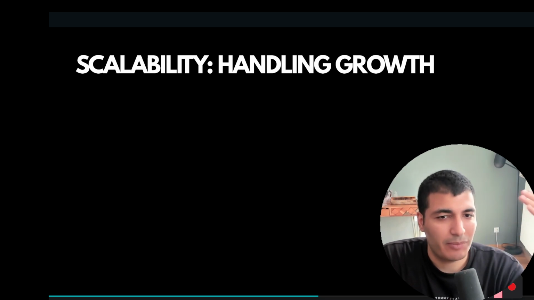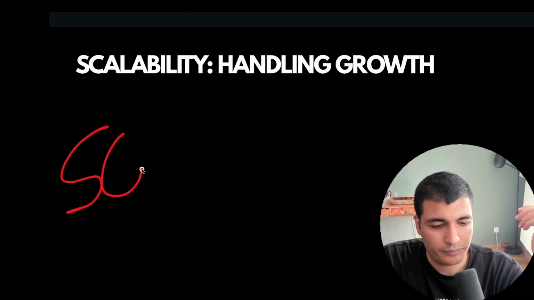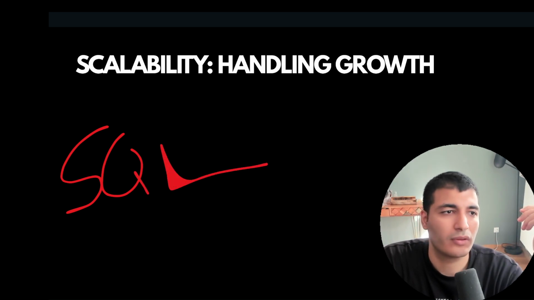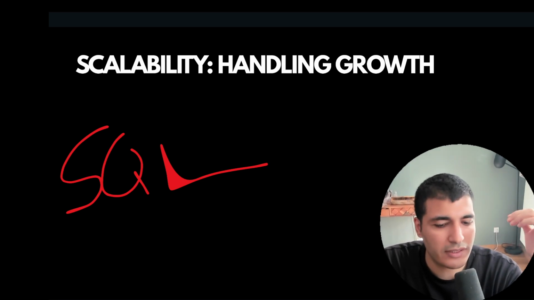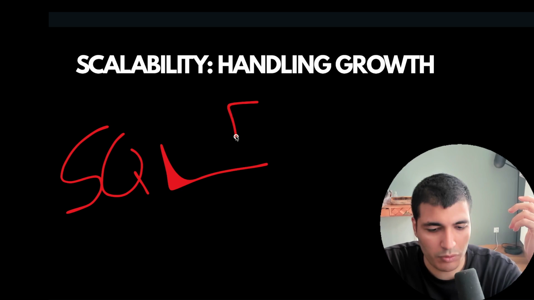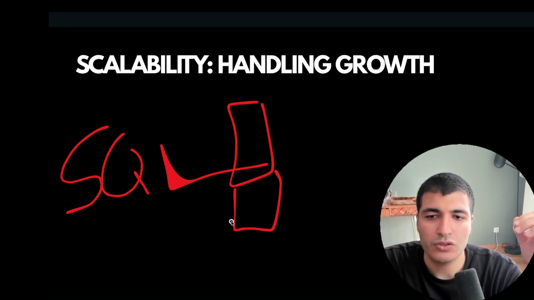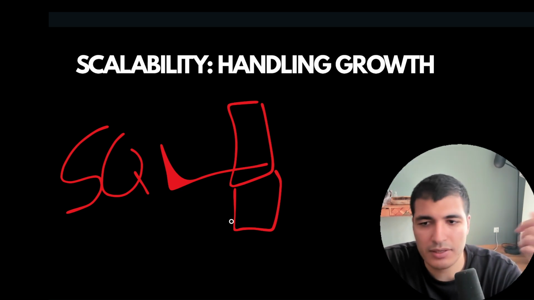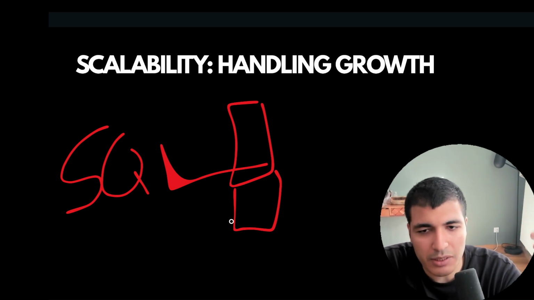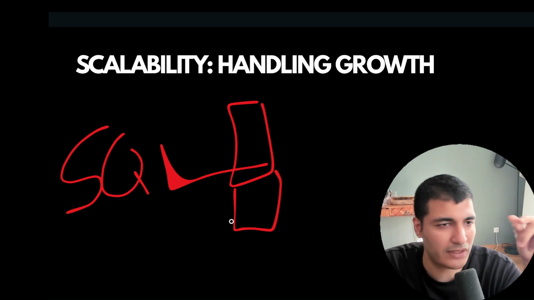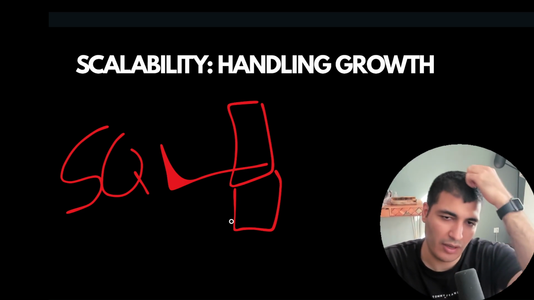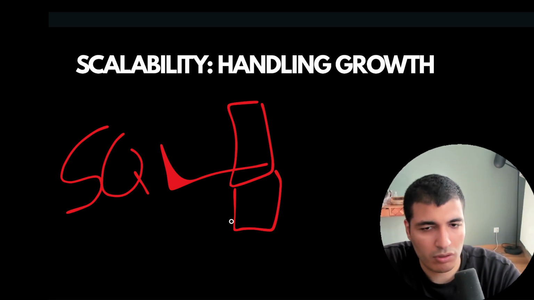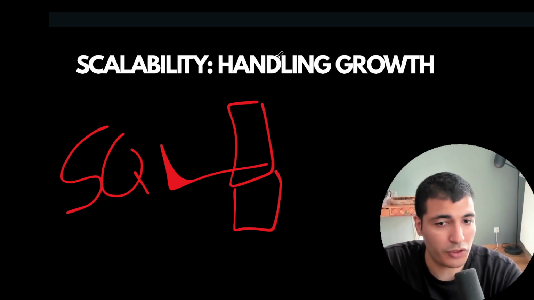Next, we want to talk about scalability. We start with SQL again. SQL databases are traditionally designed to scale vertically. So when we need more capacity, we just add more resources to the machine. This is also known as scaling up. This means you improve performance and capacity by adding more powerful hardware to a single server, like a faster CPU, more RAM, or more storage.